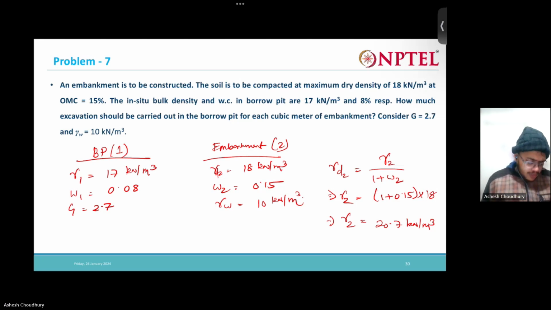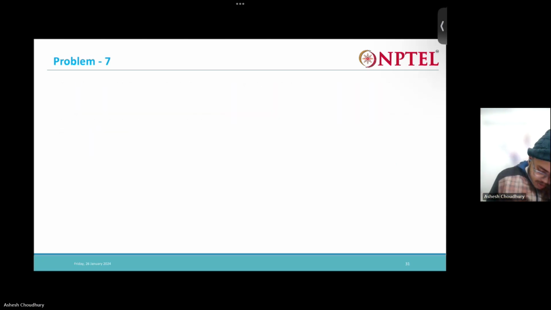Now, what we have to do is first we need to find out the void ratio at this borrow pit. Okay, so how do we do that? You know this relation, G plus Se equals e times gamma w over 1 plus e, so if I put gamma 1.